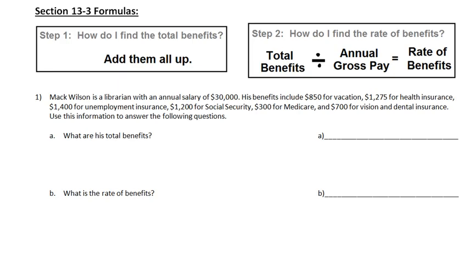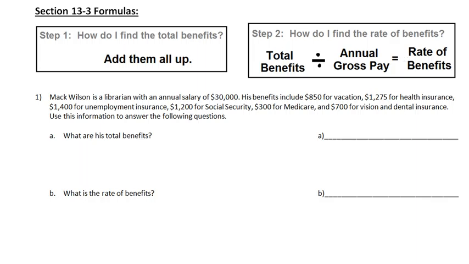And we're going to take a look at these different ways that companies hook us up with benefits and how beneficial that can be, mathematically, using something known as the rate of benefits. Now, the rate of benefits is a measurement. Usually it's a percentage, and that's what we'll be finding for step 2, a percent, that can help us analyze how well we're being compensated for working at a company.